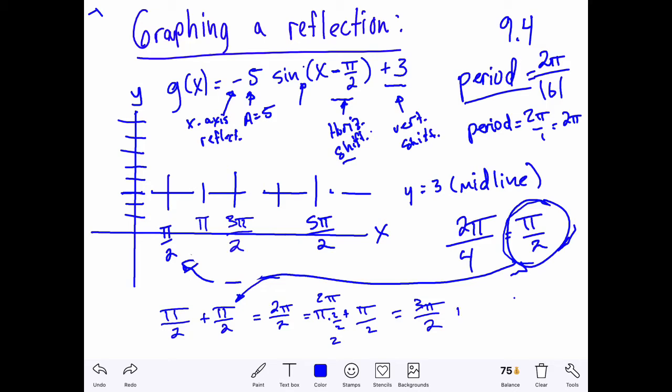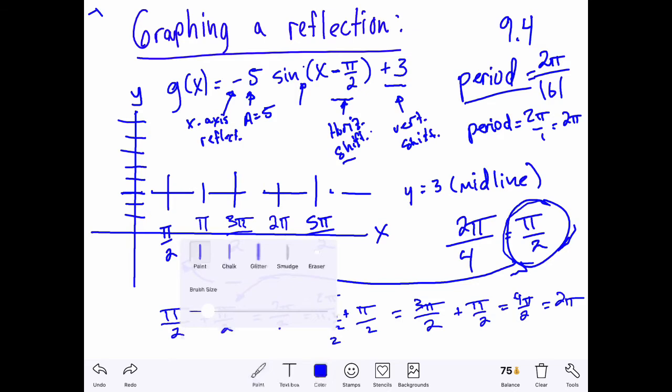And then I'm going to add pi halves to it again, which would be 4 pi halves or 2 pi. Okay. Once we've done that, we're just going to erase and we're going to go to our XY table. So let's do that.